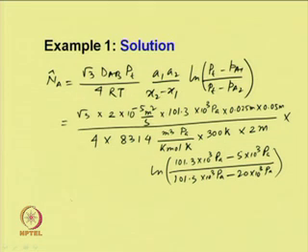So, if we solve, this is equal to 3.75 into 10 to the power minus 11 K mole per second.